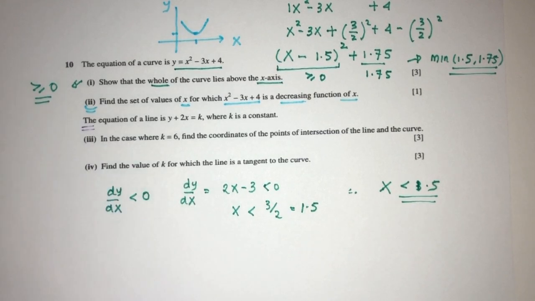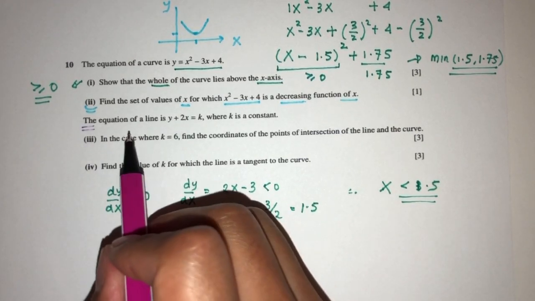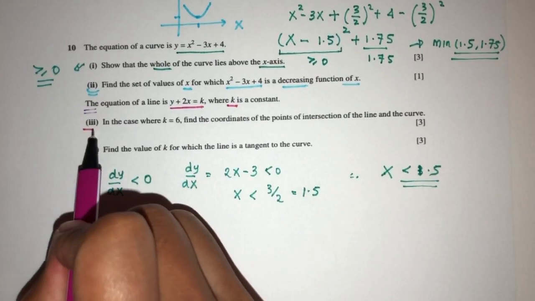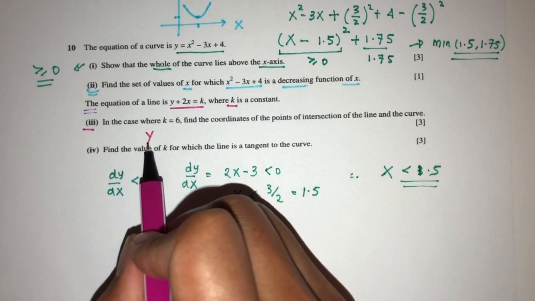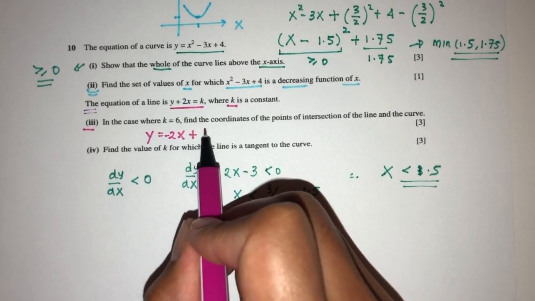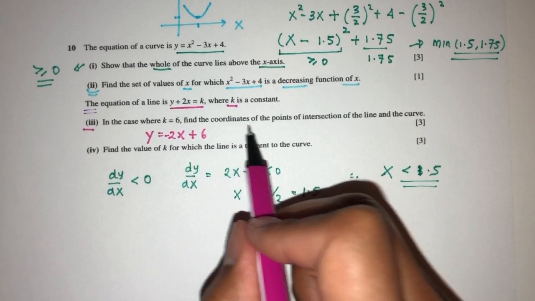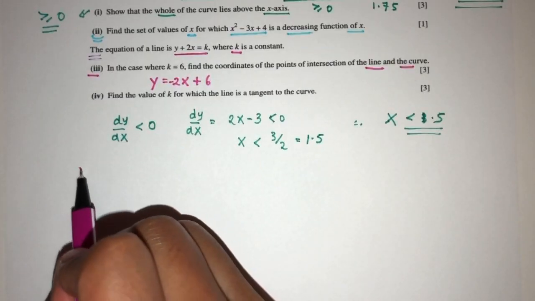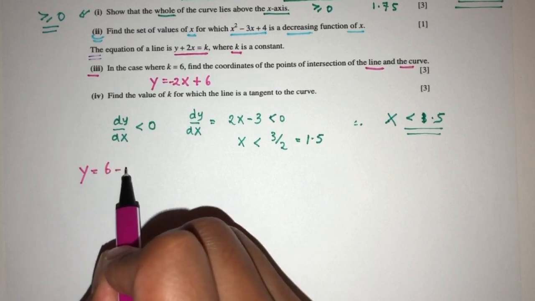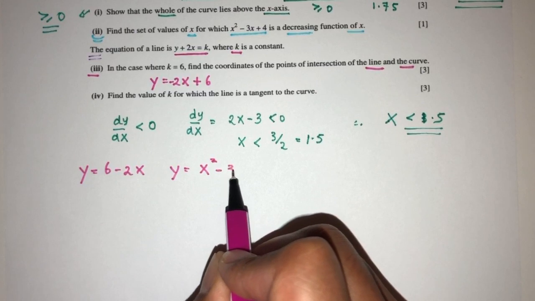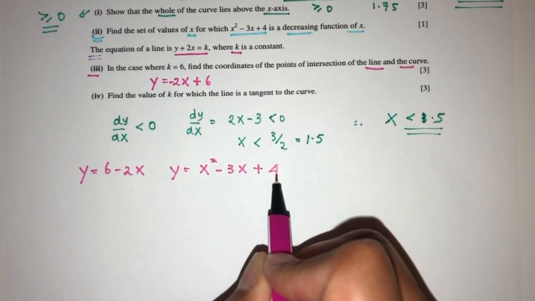Now for part 3, we have a line which is this, where k is a constant. Now part 3, in the case where k is 6, which is y equal to 6 minus 2x, find the point of intersection between the line and the curve. So we have the line now is 6 minus 2x, and the curve is y equal to x squared minus 3x plus 4.